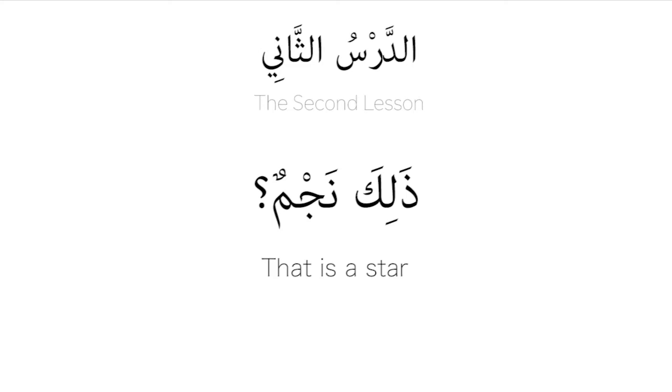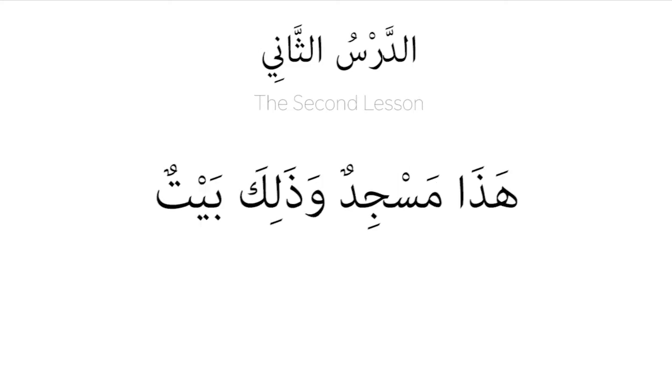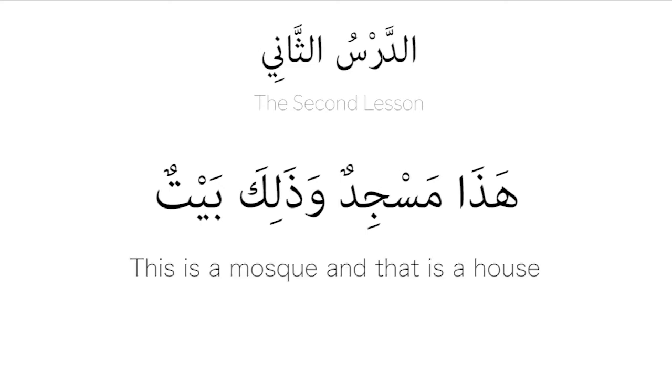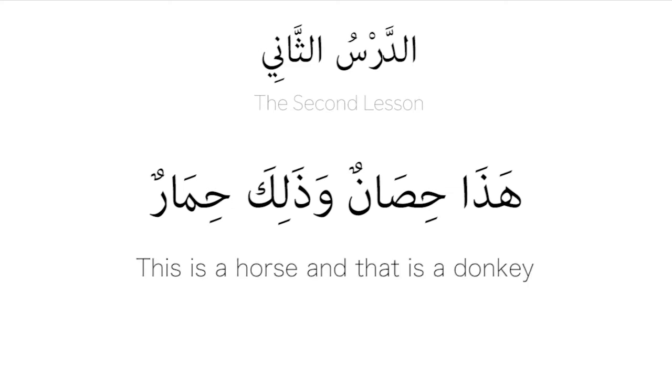That is a star. هذا مسجد وذلك بيت. This is a mosque and that is a house. هذا حصان وذلك حمار. This is a horse and that is a donkey.